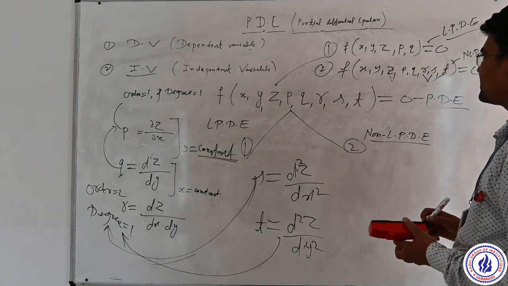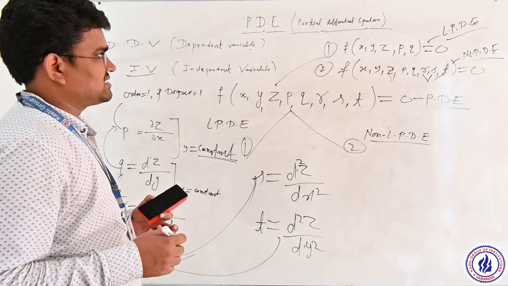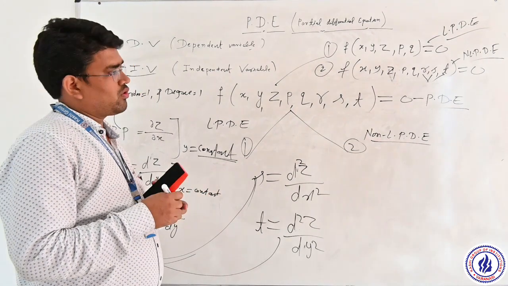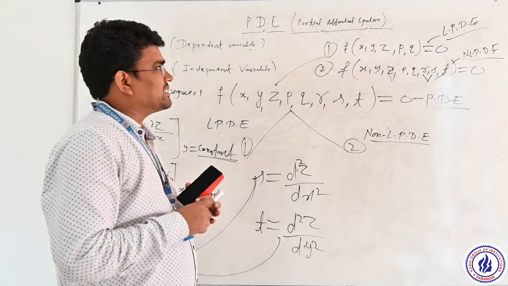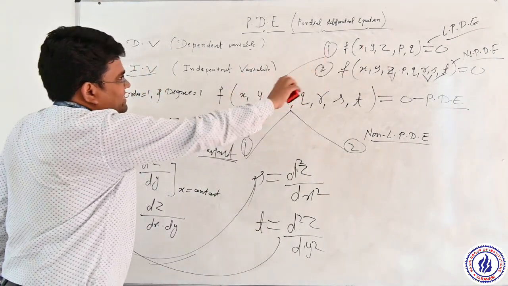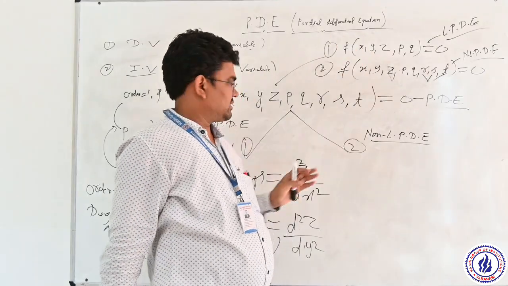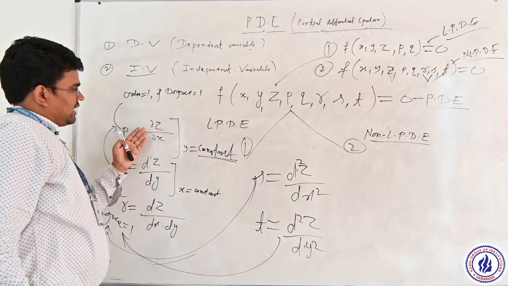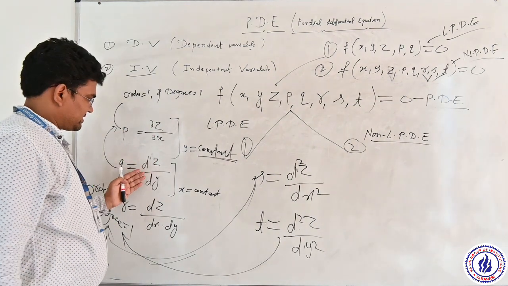Now we are going to create a differential equation in general form, by eliminating the parameters or constants. Two more points: how do we make its differential equation if we write it in differentiation terms, dz upon dx, dz upon dy?